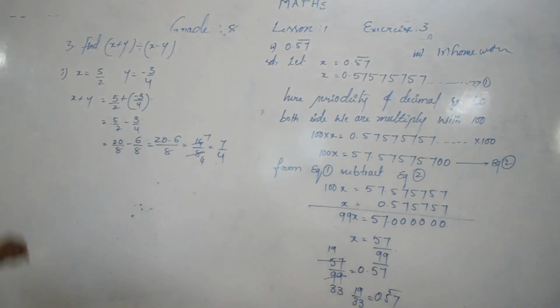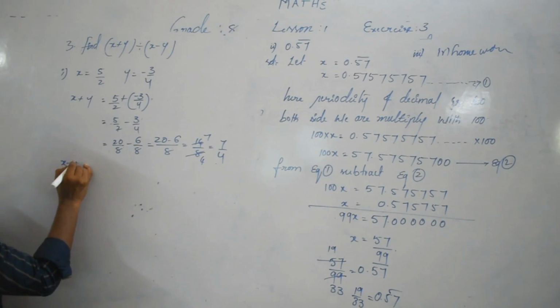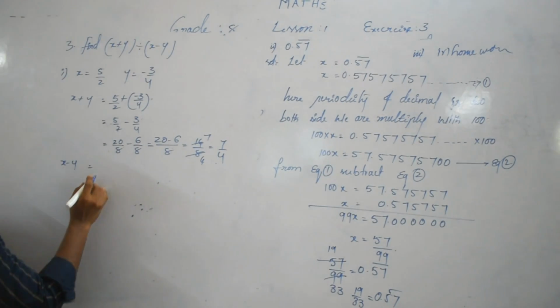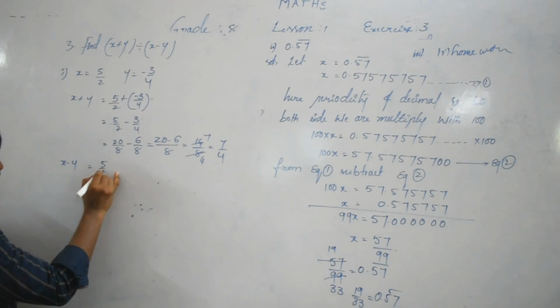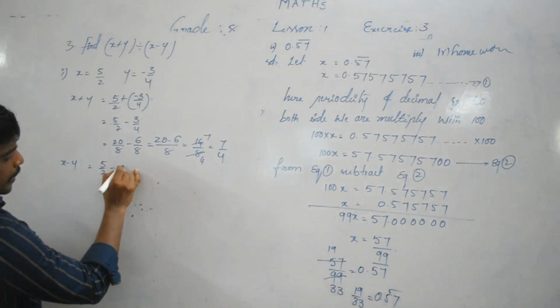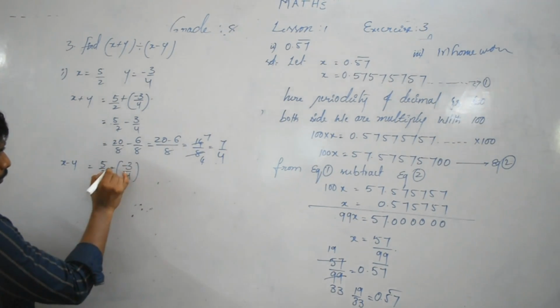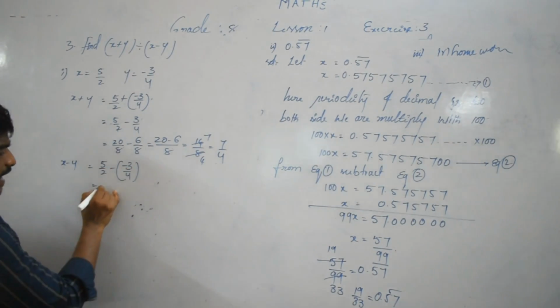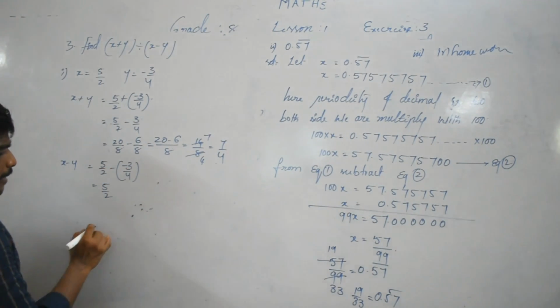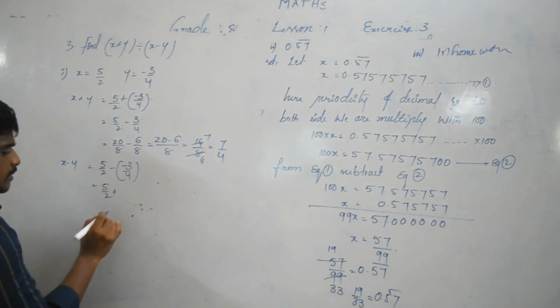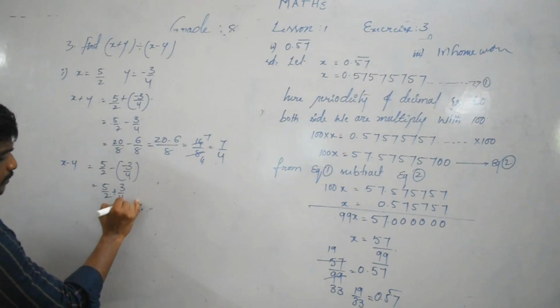Now x minus y value, x minus y, x 5 by 2 minus y minus 3 by 4. So minus into minus plus, 5 by 2 plus 3 by 4.